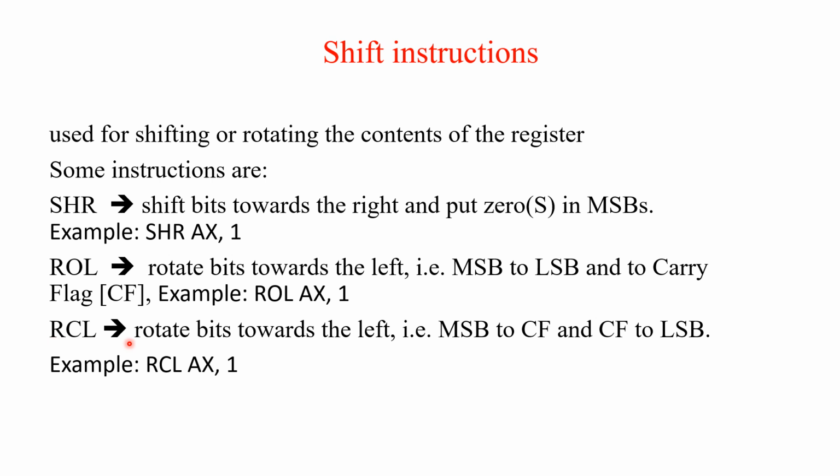Rotate carry left. The rotate carry left instruction rotates bits towards the left, moving the MSB to the carry flag and the carry flag to the LSB. For example, RCL AX, 1 rotates the bits in register AX one position to the left using the carry flag.